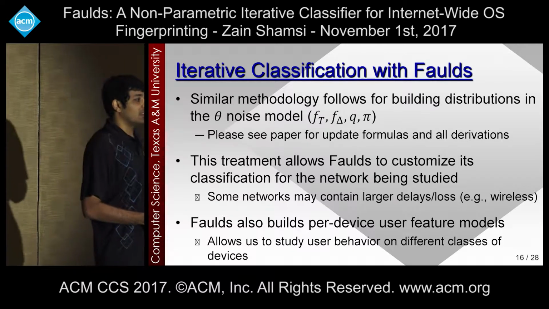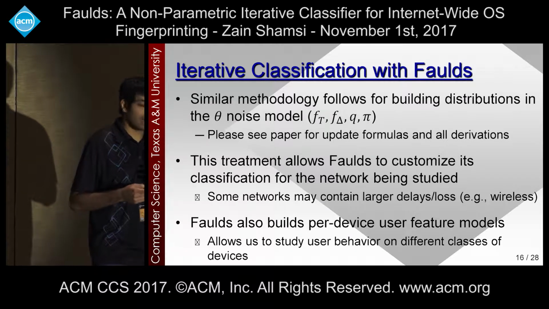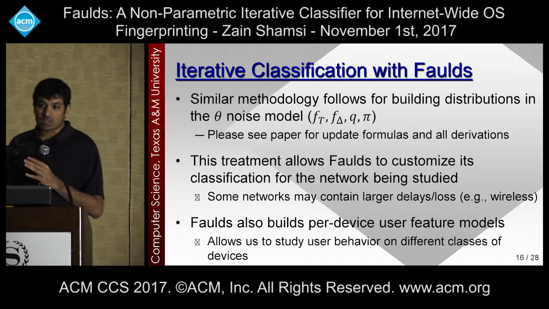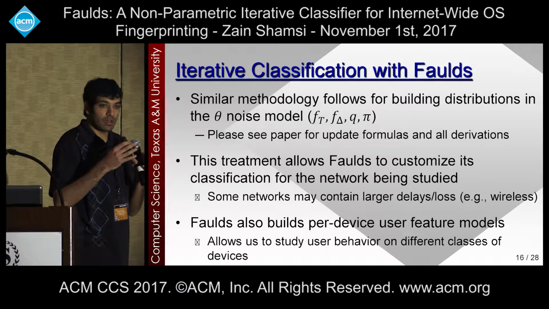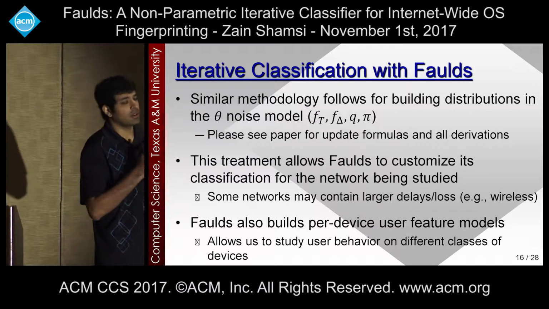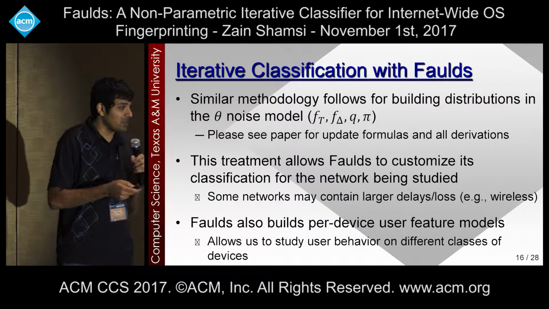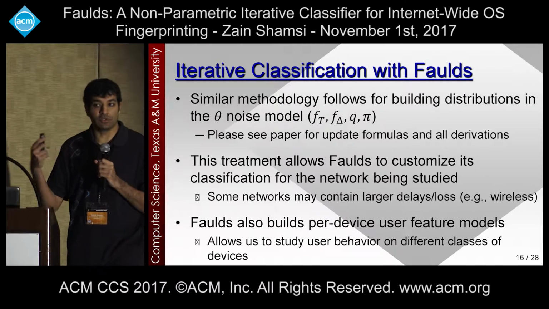So some networks may contain larger delays or loss, like wireless, and it also allows us to build device-specific OS user feature models. So this allows us to see how often users are actually going in and changing those user features.